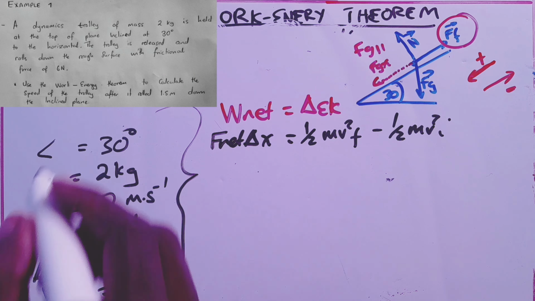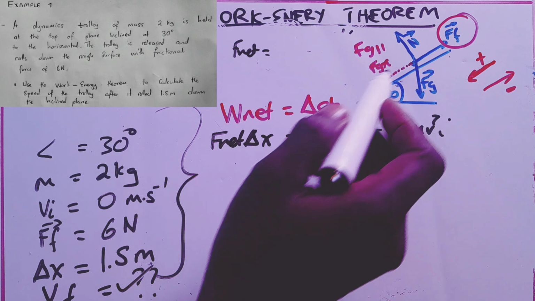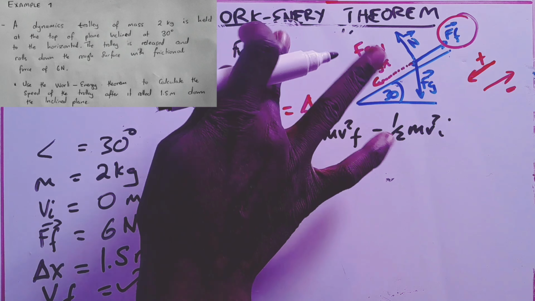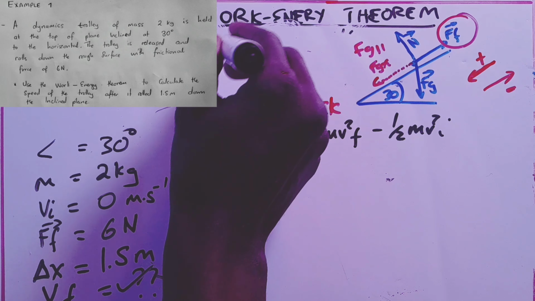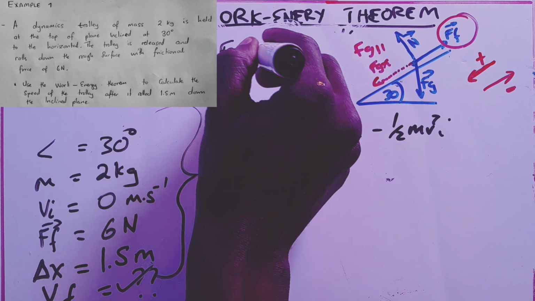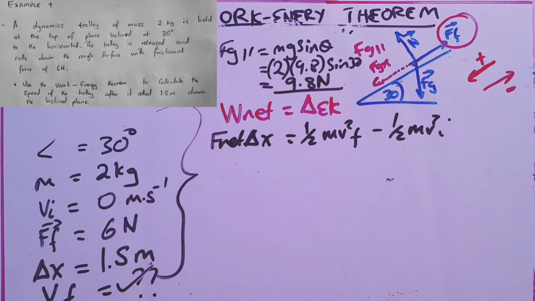So F net, which forces do we have? We have Fg parallel. So what is Fg parallel? It is equal to mg sine of theta, and our theta is this. So this becomes the mass, which is 2, times 9.8 sine of 30, and this gives us 9.8 newtons, right?